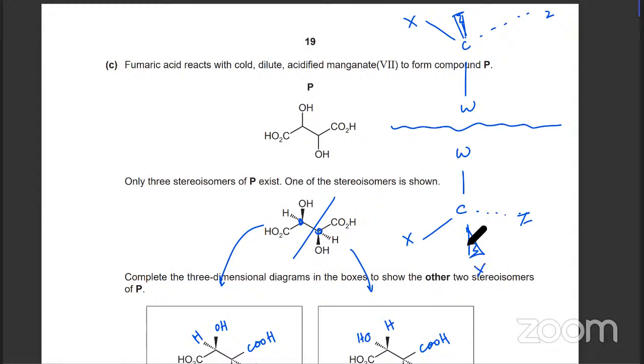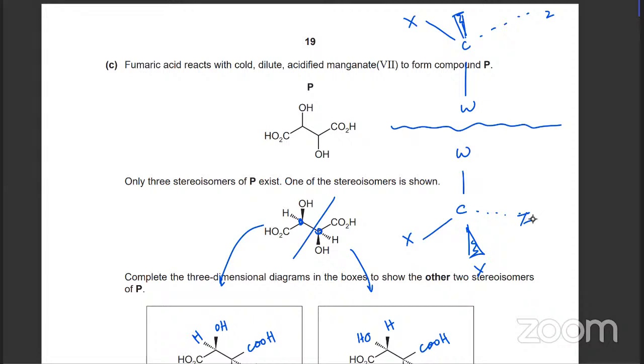This Y over here is right now coming out of the page, right? If the screen is the mirror, then in the mirrored version the Y would be inside the board. Is that clear? Yes, sir. And the Z right now is going into the board, and if the screen is the mirror, on the other side it's going to be coming out of the board, right?